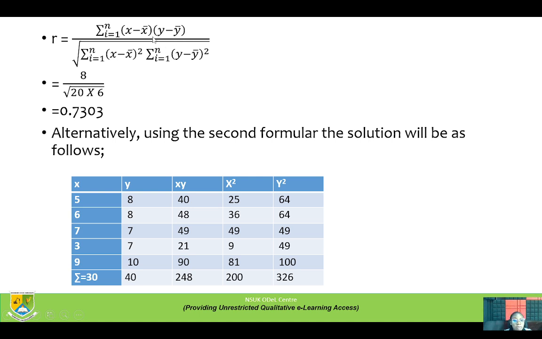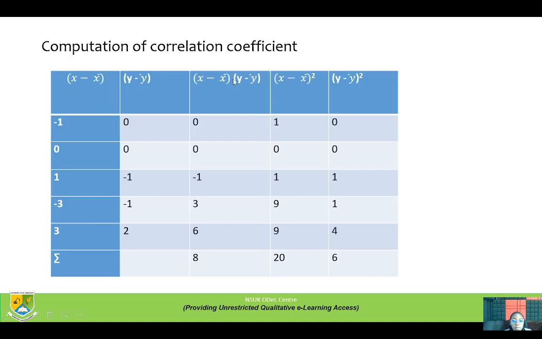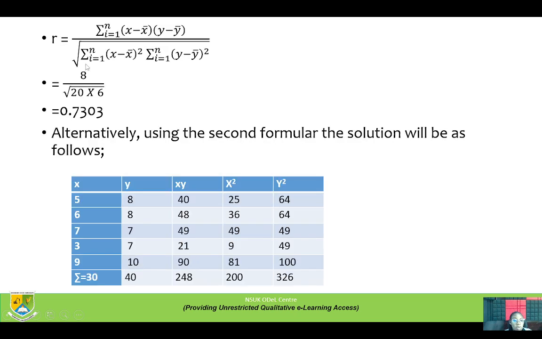Going back to our table, x minus x bar multiplied by y minus y bar. This is the column to consider. The summation is what we need. So the summation is 8. That's why we have 8 as the numerator.